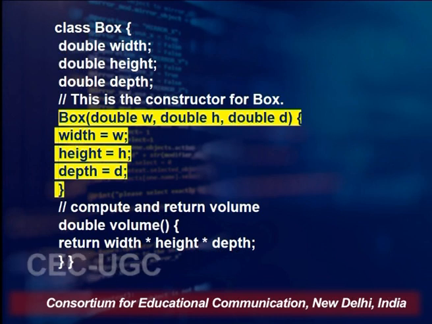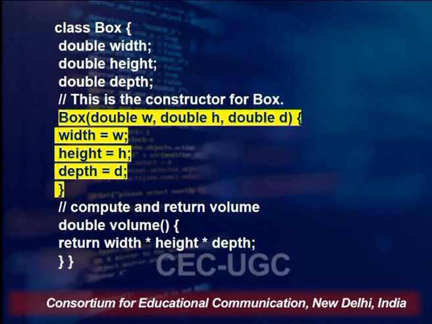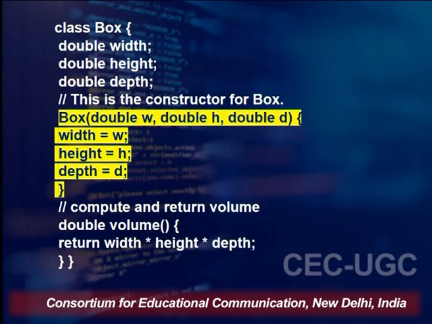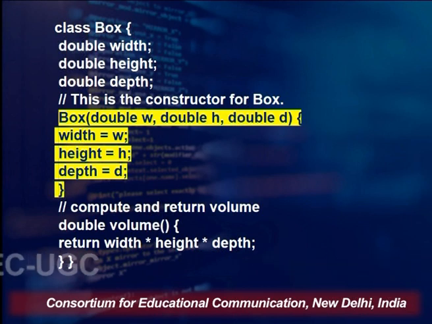That is, the value of W is assigned to width, the value of H is given to height, and the value of D is given to depth. So whenever we create an object, whatever dimensions we give within the parameters of the constructor will be assigned to the width, height and depth of that particular object. How it is going to happen, we will see in some moments.